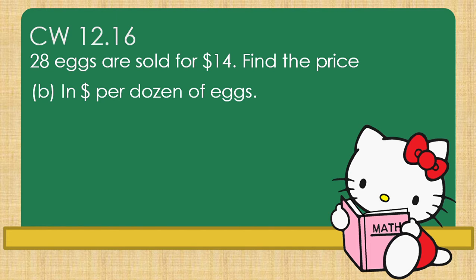If this time I would like to find out the cost for a dozen of eggs. Since part A will find the price for each egg, and a dozen means 12 eggs, so we can use this formula to help us to find out it should be $6 per dozen.